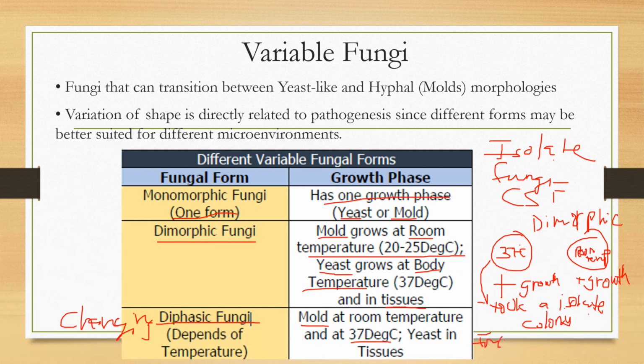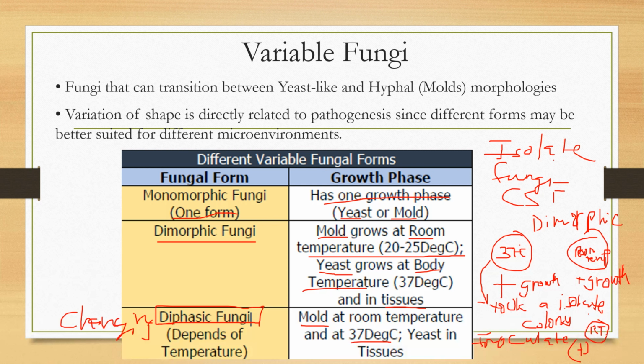And then you inoculate it to another media. This time, you decided to put it on a room temp. If there is a positive growth on the room temp, this is now considered a diphasic fungi. Because the yeast you took from the 37 degrees was able to grow at the 25 degrees centigrade, becoming mold.